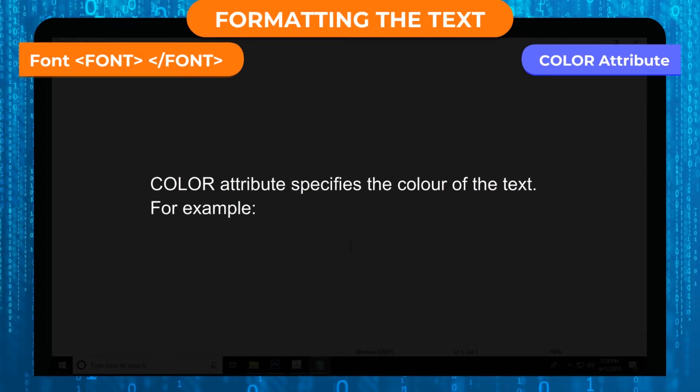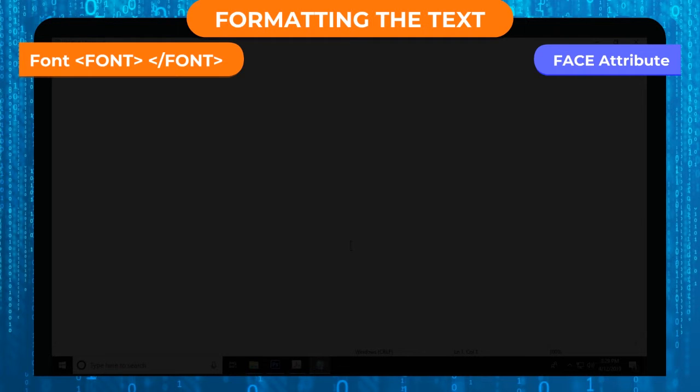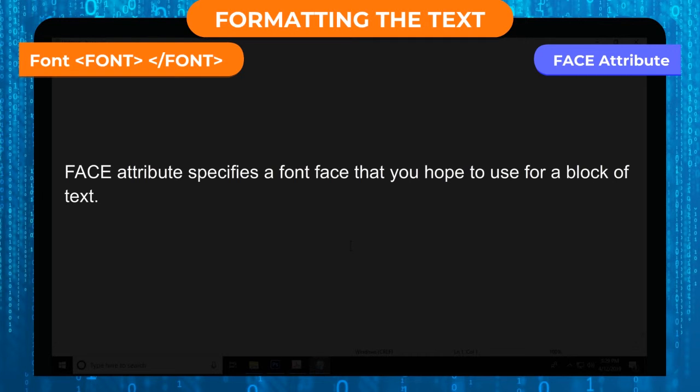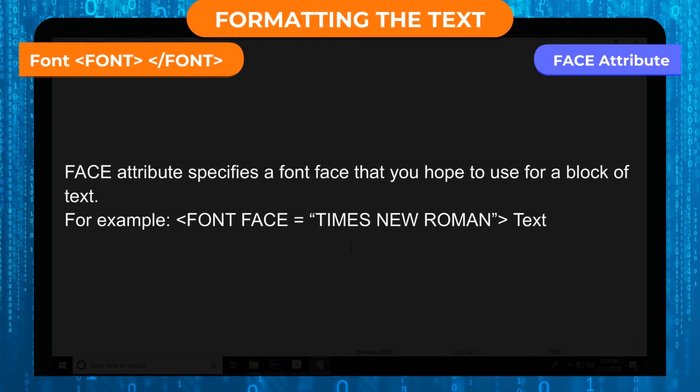For example, tag font color is equal to double quotes red, double quote, text, close tag font. Face attribute. Face attribute specifies a font face that you hope to use for a block of text. For example, font face is equal to double quotes Times New Roman, text, close tag font.